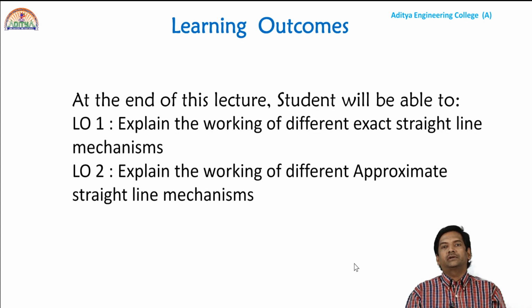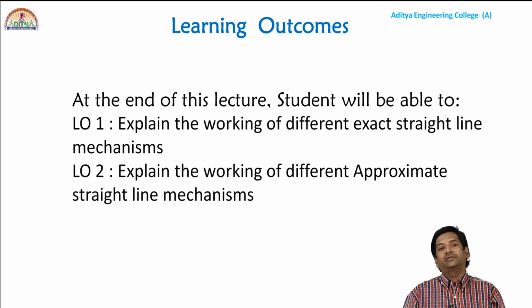So, in this session, these are the learning outcomes of this lecture. By the end of the lecture, the student will be able to explain the working of different exact straight line motion mechanisms: Peaucellier mechanism, Hart mechanism, and Scott-Russell mechanism. The second learning outcome of this lecture is that the student will be able to explain different approximate straight line mechanisms: Watt's mechanism, Grasshopper mechanism, Chebyshev mechanism, and Robert mechanism.